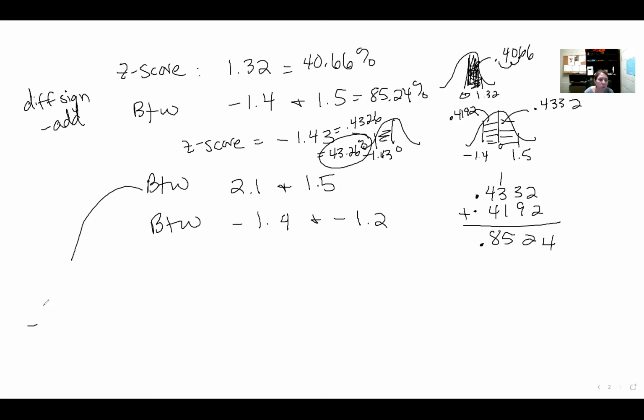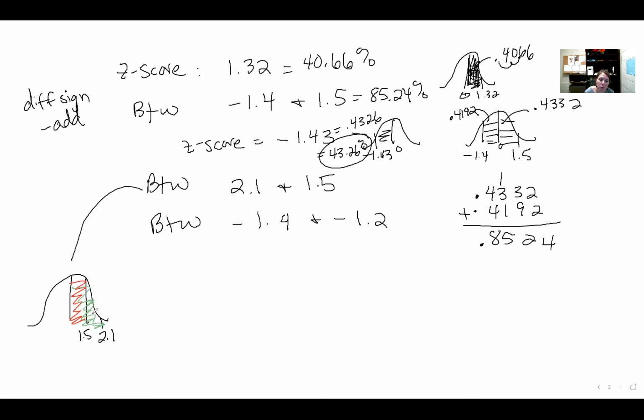All right, for this one, I'm going to draw this one. We want to look at between 1.5 and 2.1. So the problem is here, we have one that's here, that's the 1.5, and then we have the 2.1, and we want between that. So what you're going to have to do is look up the 2.1 and the 1.5, and we want what's left over.